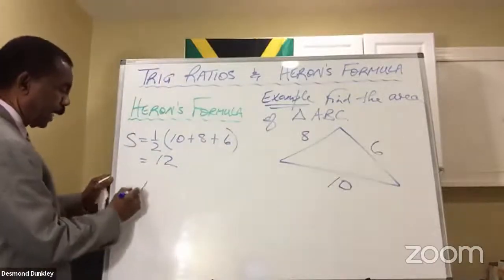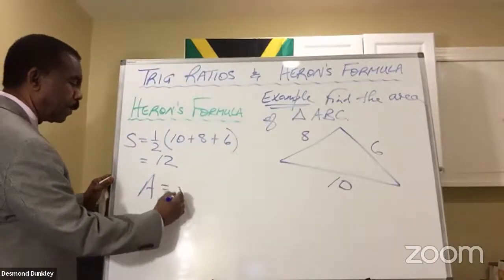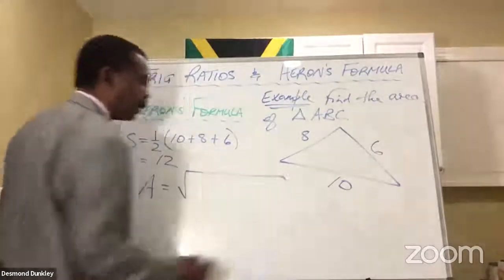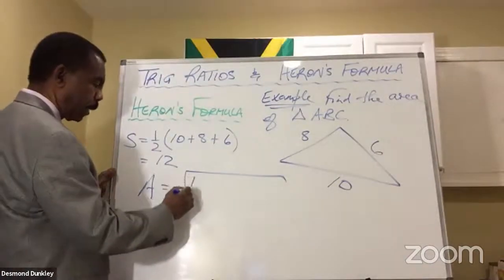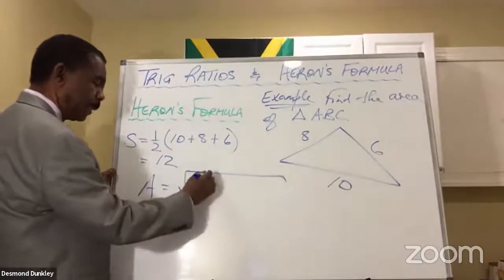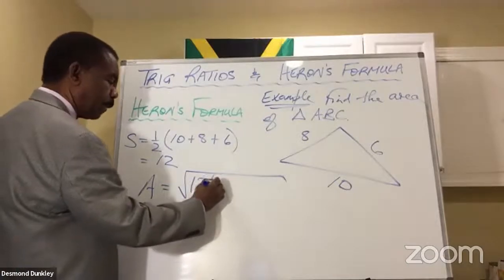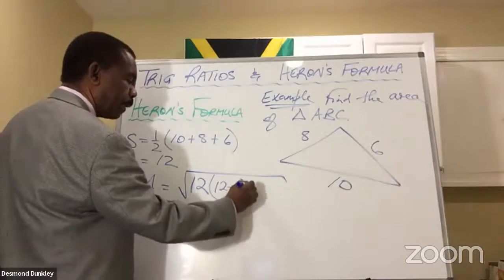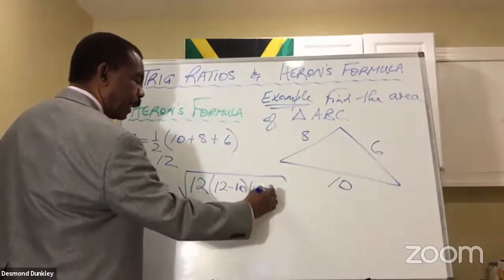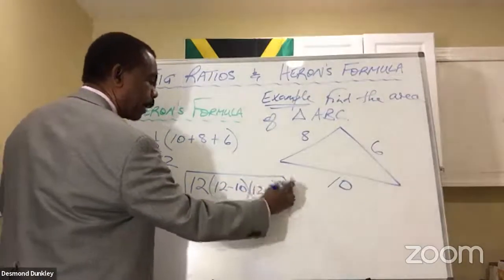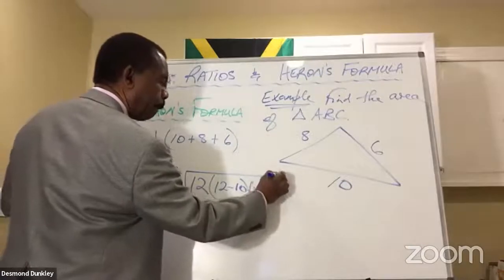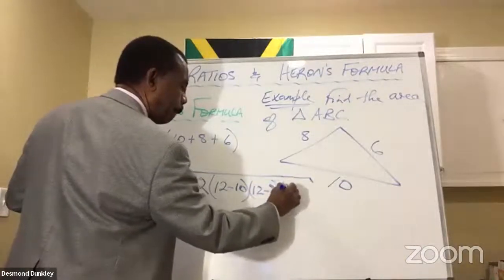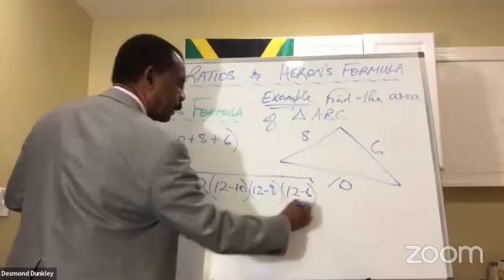Step 2 says the area is equal to the square root of 12, that's S, times 12 minus 10 times 12 minus 8 times 12 minus 6.